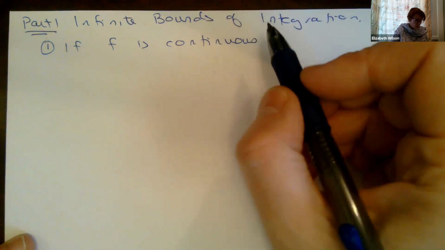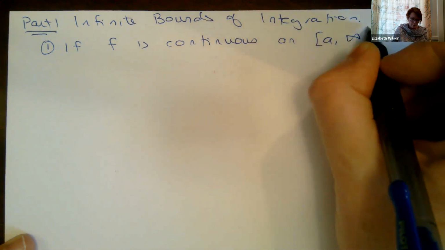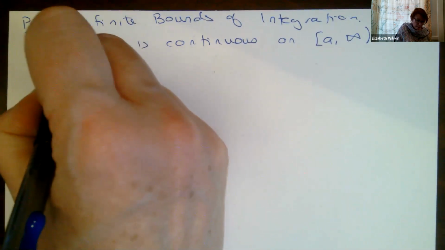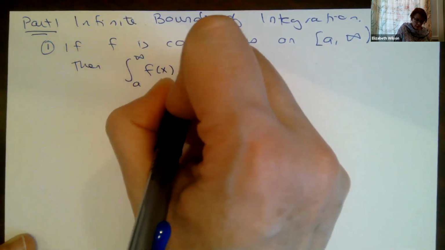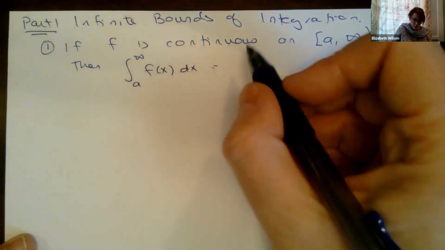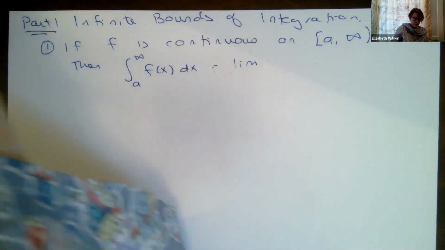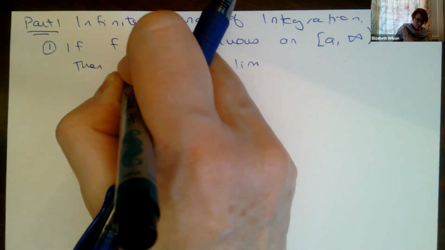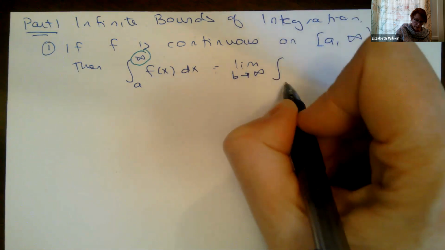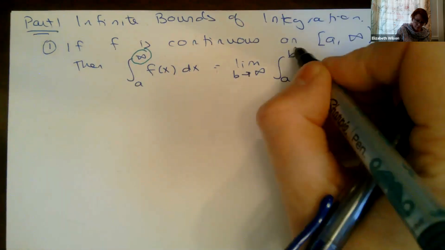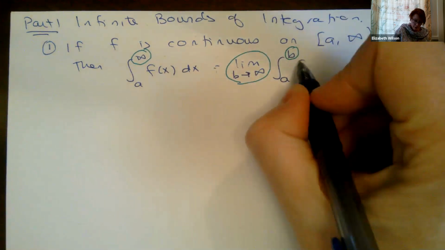So the first piece is if our function f is continuous on the interval a to infinity. Then if I go a to infinity, f of x dx, how I set this up is like this. I'm going to substitute infinity with b, some variable, as b goes to infinity, and I'm going to integrate from a to b of f of x dx.